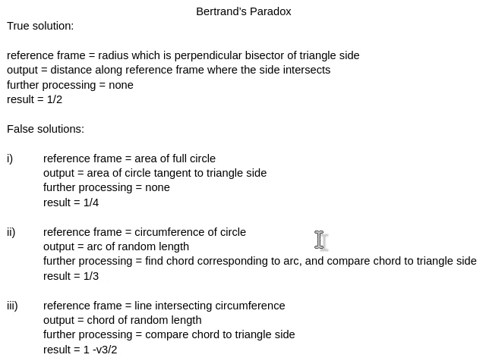So we end up having 3 reference frames. There's the initial reference frame of the circumference of the circle. There's the further processing where we find a chord corresponding to the arc produced on that circumference. And then we have a third reference frame change where we compare the chord to the triangle side. The result of this is 1/3.